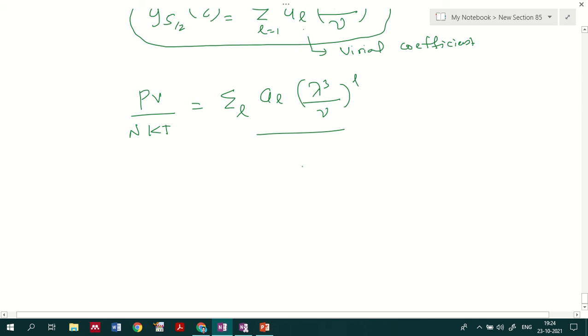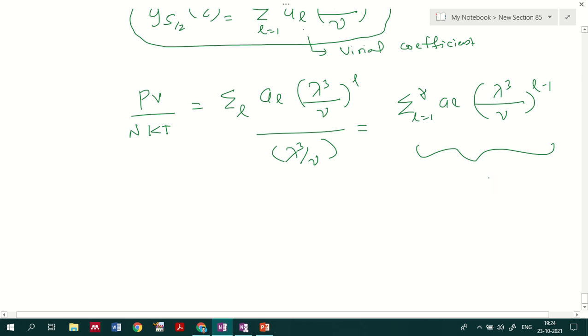N I can substitute as lambda cubed divided by nu, so this equals sigma over l equal to 1 to infinity of a_l lambda cubed divided by nu raised to l minus 1. This we call the equation of state.